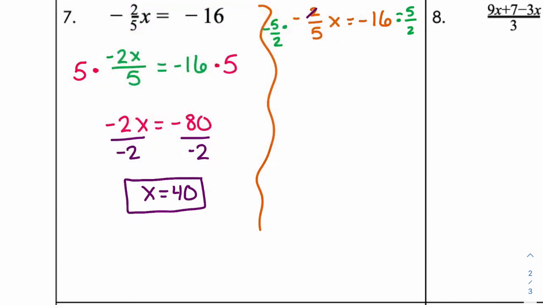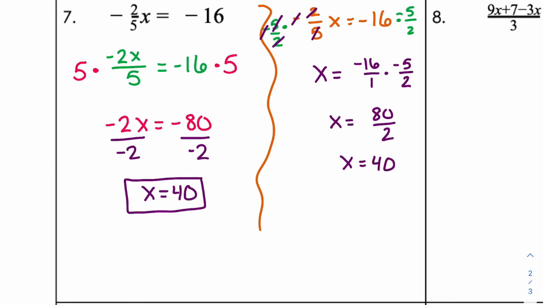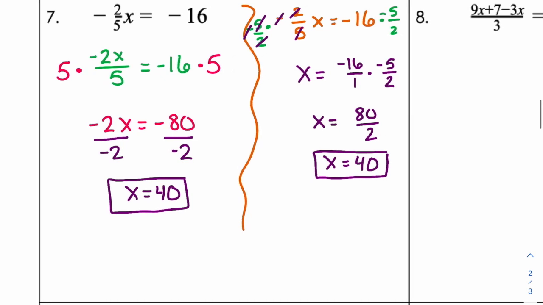And when you do that, 2 and 2 cancel, negative and negative cancel, 5 and 5 cancel, so you're left with x equals, and then here this is -16 over 1 times -5 over 2, and multiply across. Again, use a calculator. So we know this is going to be 80 over 2, x equals 40. So it doesn't matter how you solve it, you get the same answer here.